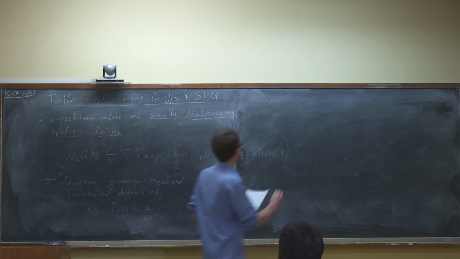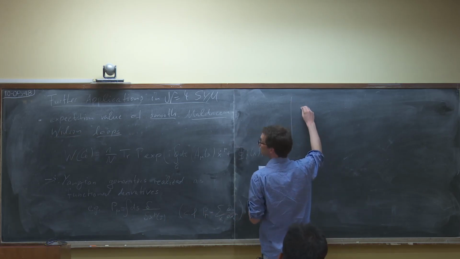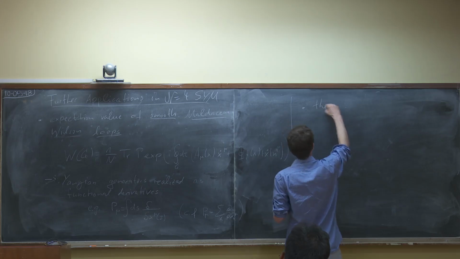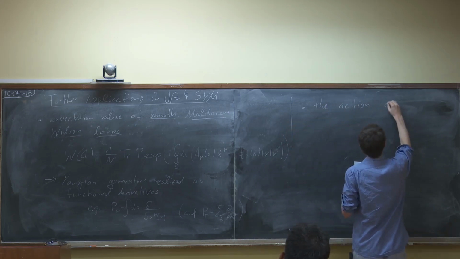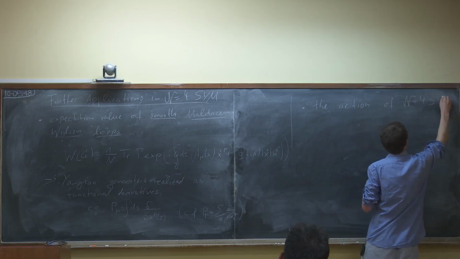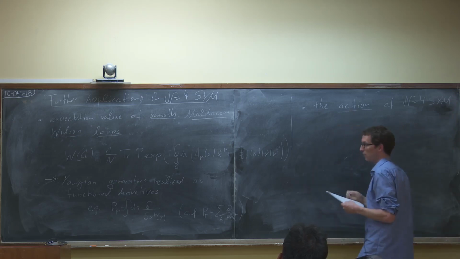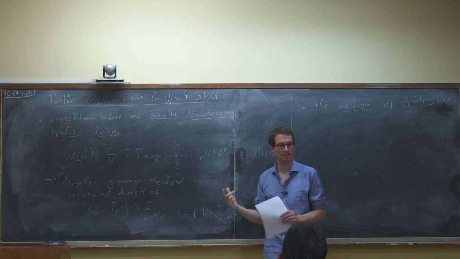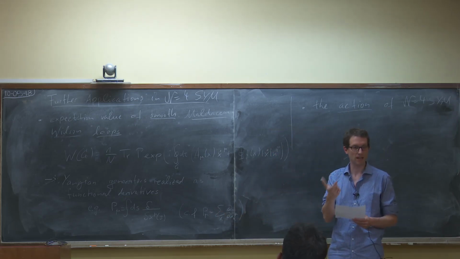And then, as a second point to mention, Niklas Beisert's group also considers this now for the action, where the Yangian generators are also realized as functional derivatives acting on the fields in the color trace in the action.